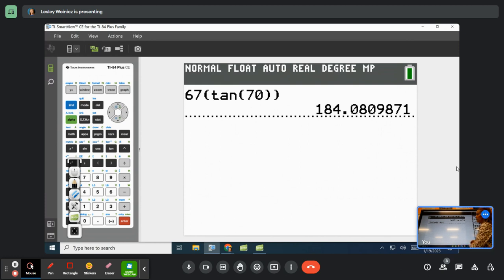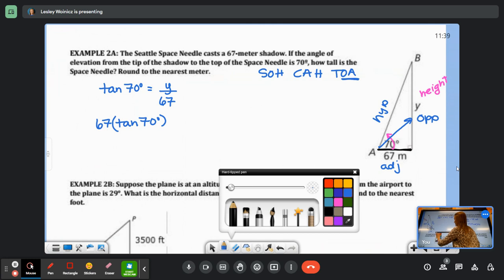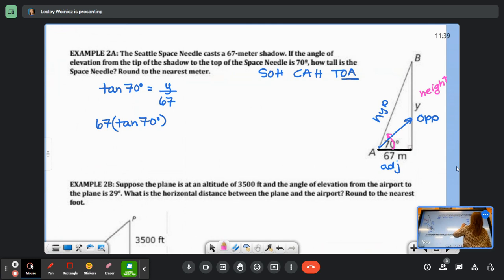So 184 meters. So y equals 184 meters. So now we have to write a sentence because these are word problems.